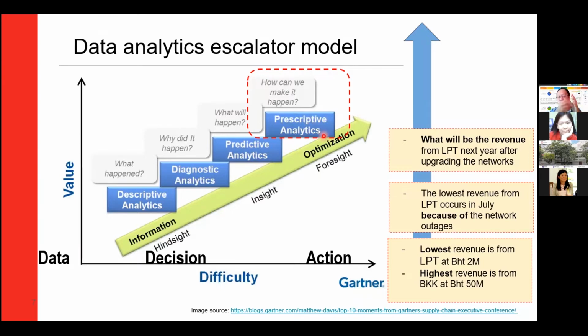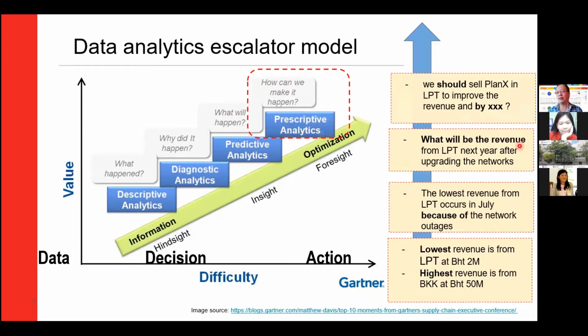So the algorithm and the process will take data and process it in different dimensions, and will answer something like, oh, we should sell product B, product A in Lampang, so that our revenue will be maybe 100 million baht. So in this process we try to optimize the decision that we make. But again, it's more difficult, and it gains more value to the business and research.